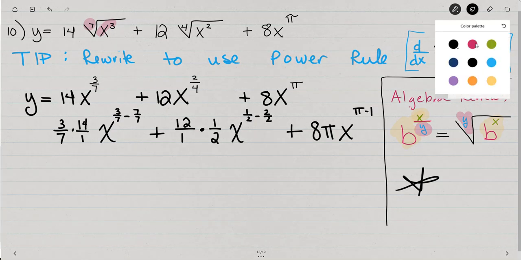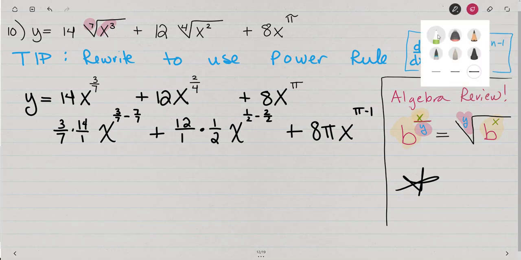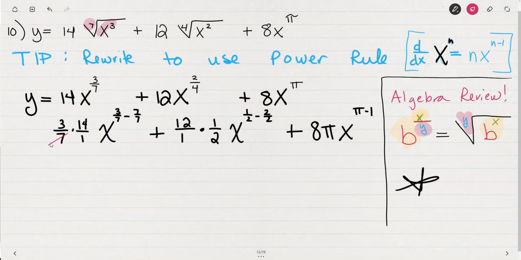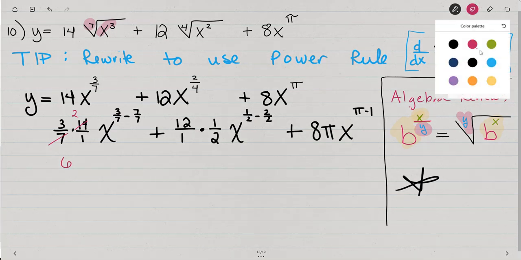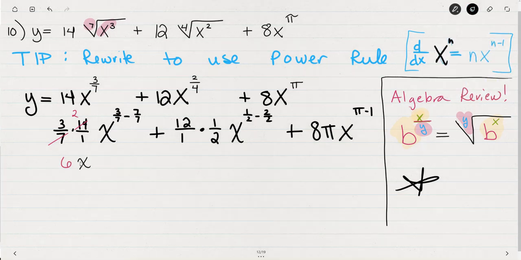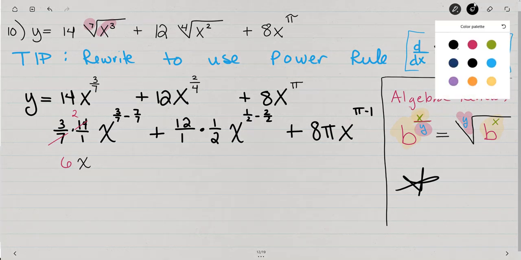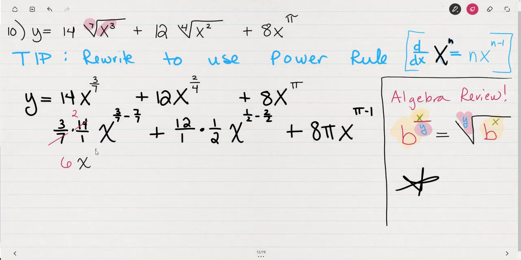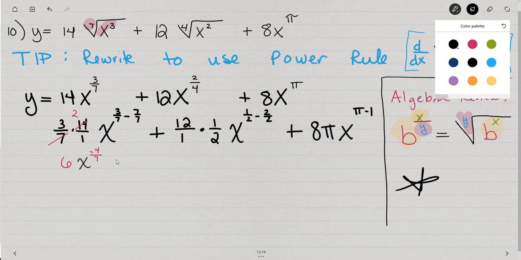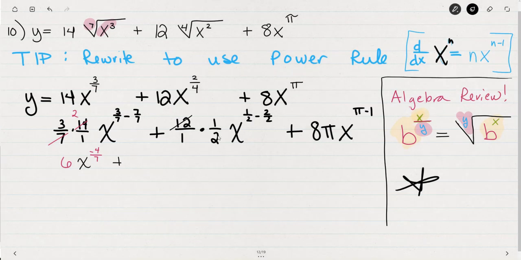Doing some fancy reducing, 7 goes into 14 twice. So I'd have 2 times 3 is 6. 6x to the negative 4 over 7, because 3/7 minus 1 is negative 4/7, plus 12 divided by 2 is 6.